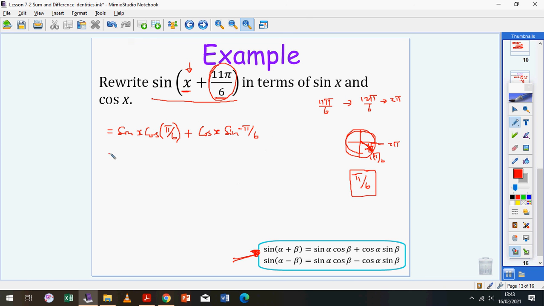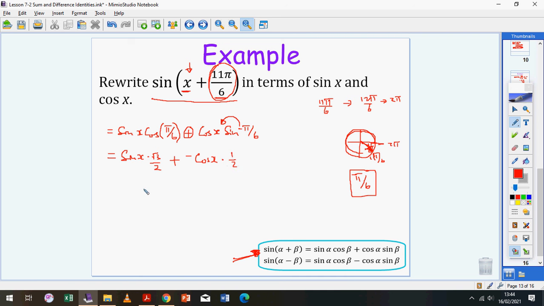So this is equal to the cosine of pi over 6, and pi over 6 is 30. The cosine of 30 is square root 3 divided by 2. And this is negative because this negative comes outside the function, and it makes this positive also a negative. So that will be negative cosine x times sine 30, which is just a half.